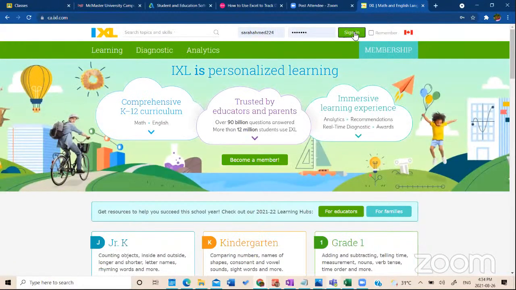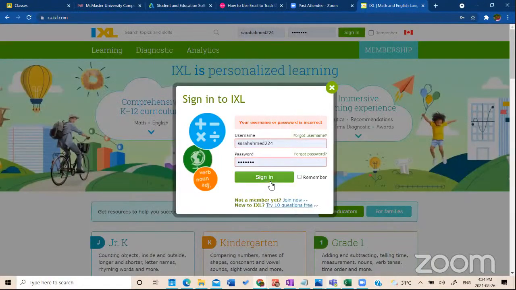Okay, so let's sign into IXL. Wrong password. Oops, yeah. Okay, let's log in real quick.